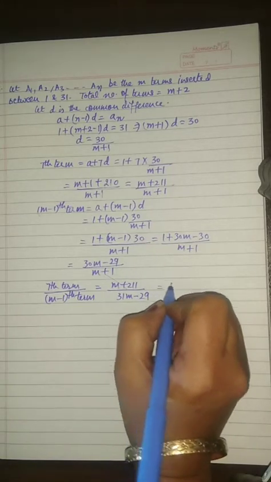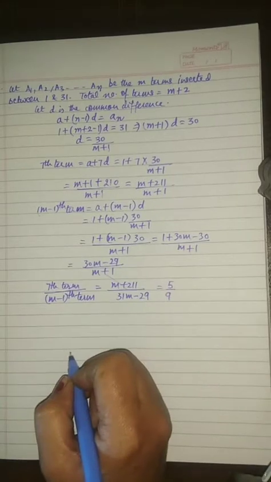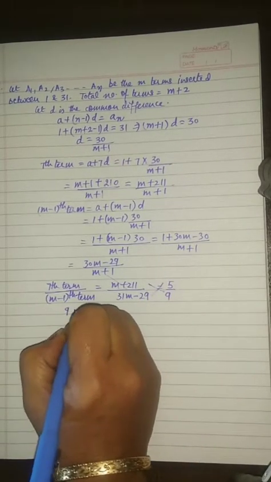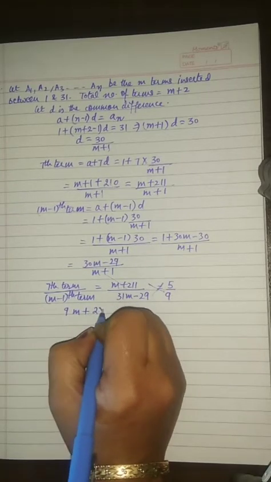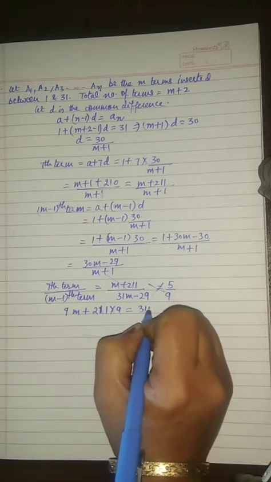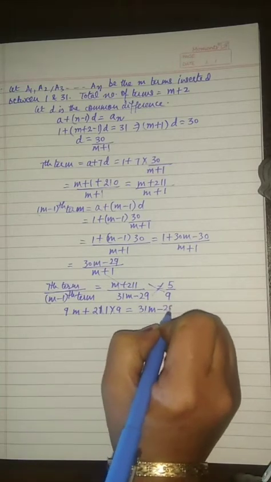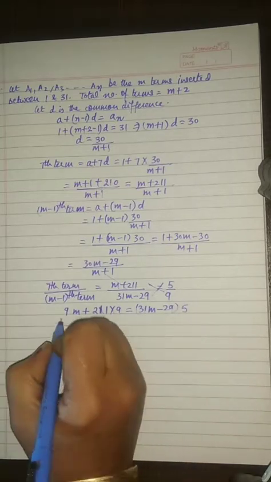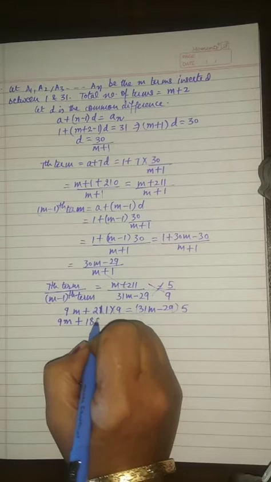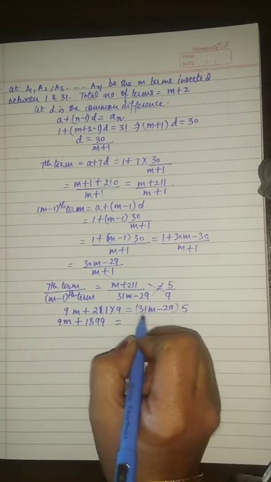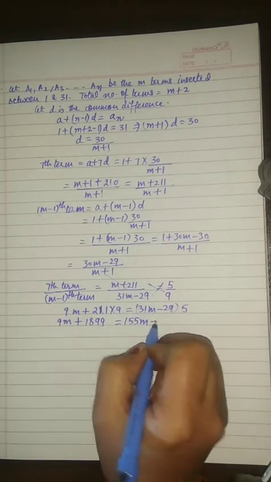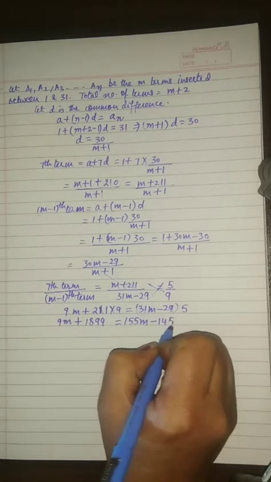Now it is given to us that the ratio is 5:9. So we will cross multiply. It will become 9 times (m plus 211) is equal to 5 times (31m minus 29). So it will become 9m plus 1899 is equal to 155m minus 145.